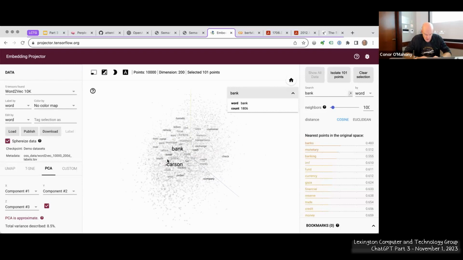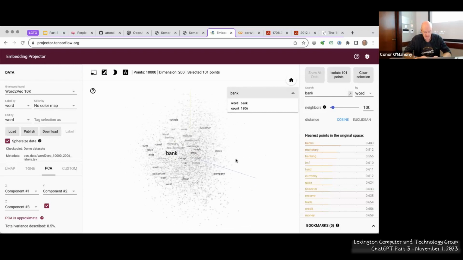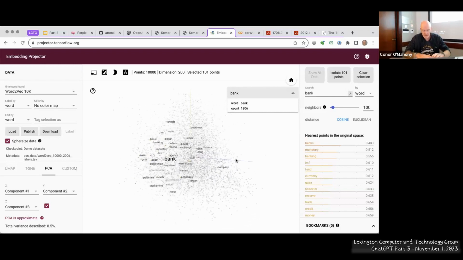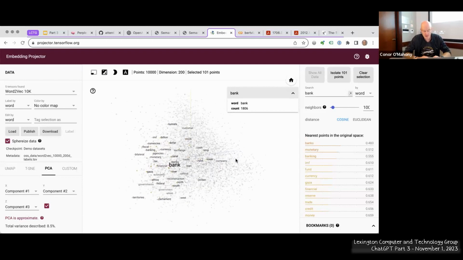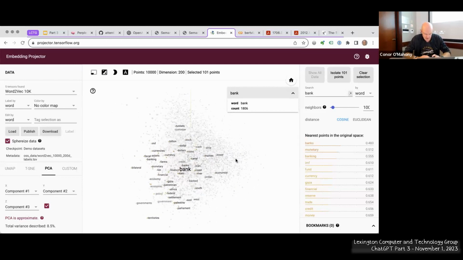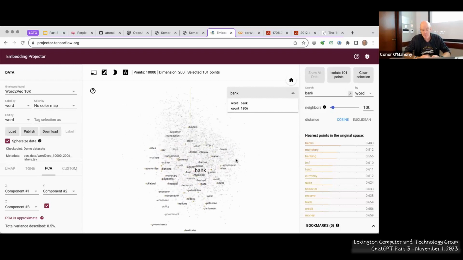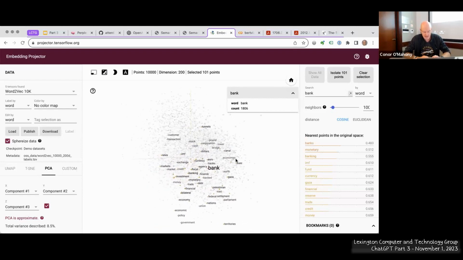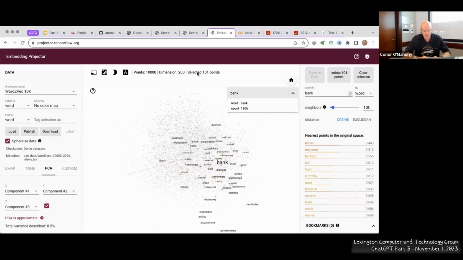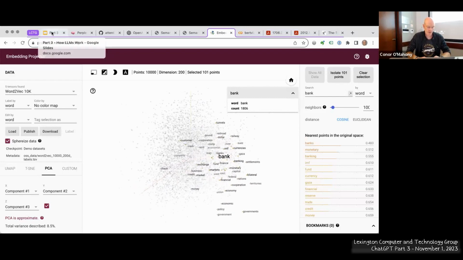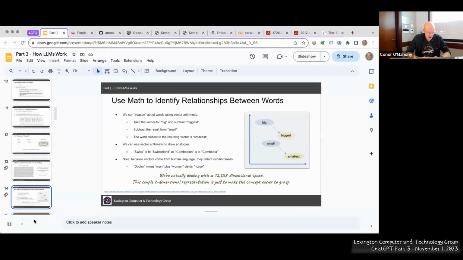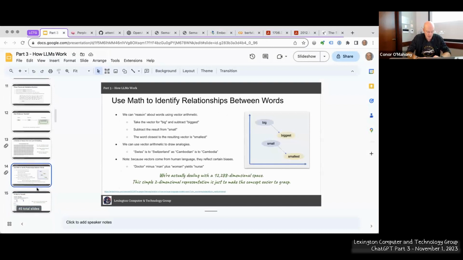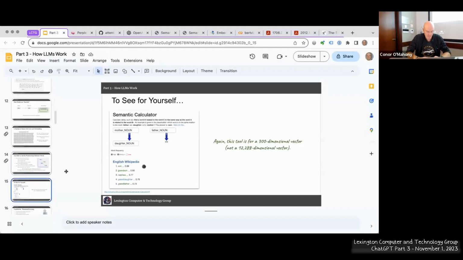If you follow this around, you'll see a lot of relationships with words in a financial sense, but you'll also see river bank related terms popping in and out. But anyway, another fun visualization to go and explore.